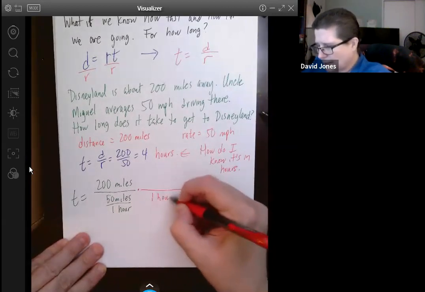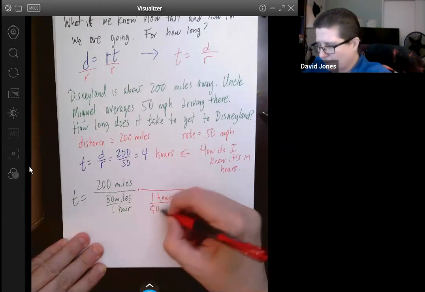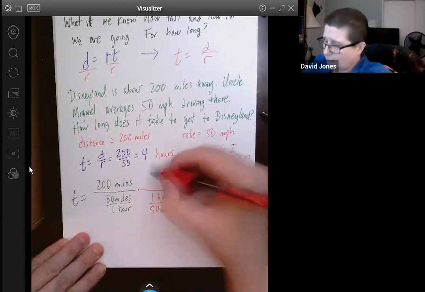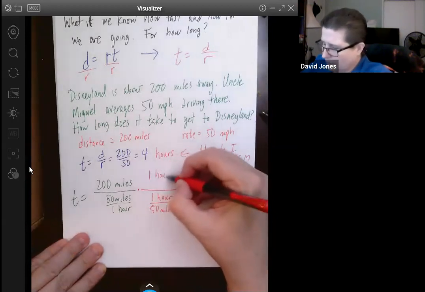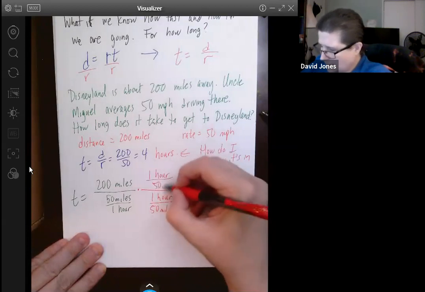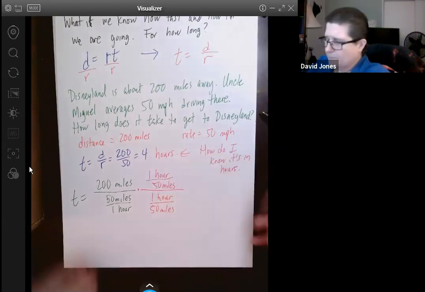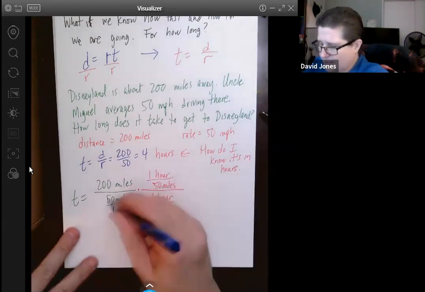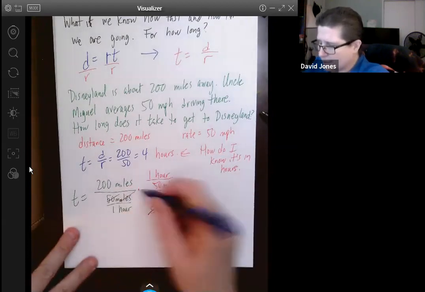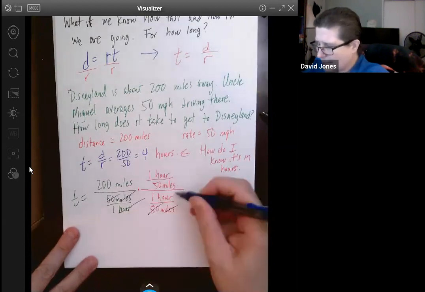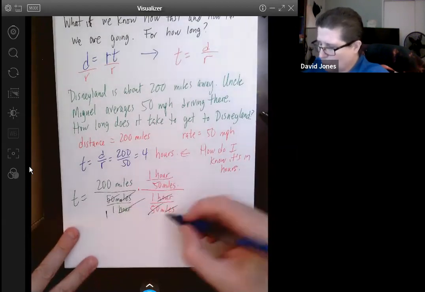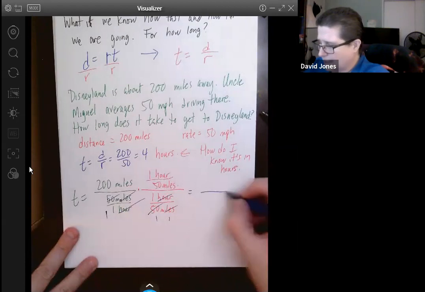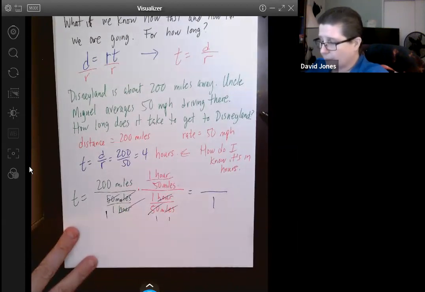So I'm going to multiply the bottom by 1 hour over 50 miles. I'm going to multiply the top by 1 hour over 50 miles. And the reason why we do that is everything on bottom cancels. 50s cancel, miles cancel, hours cancel. Everything just leaves a 1. The bottom is 1, which is going to go away.